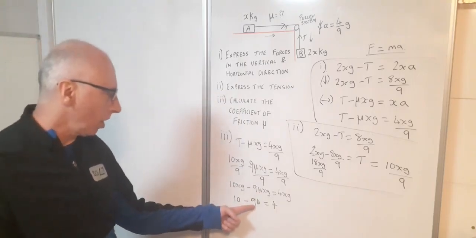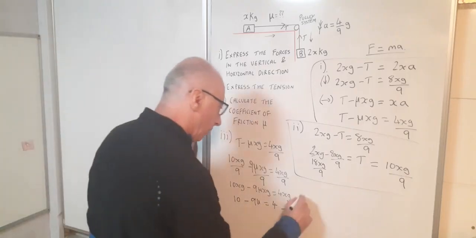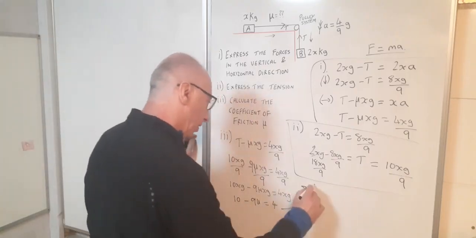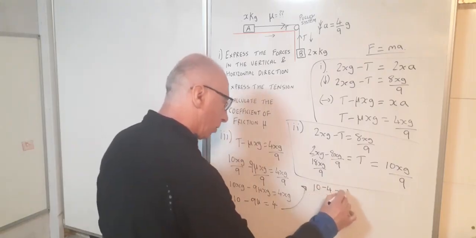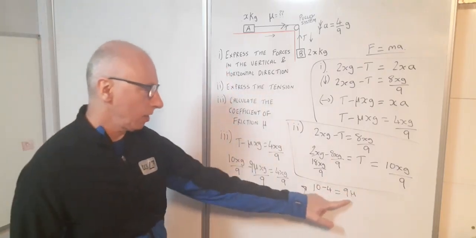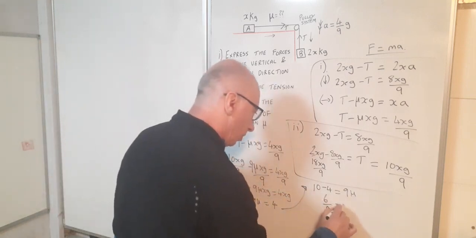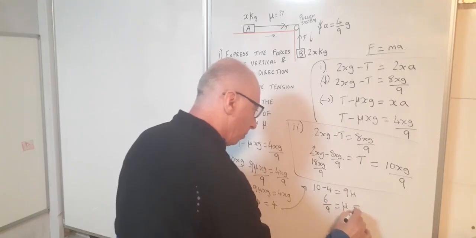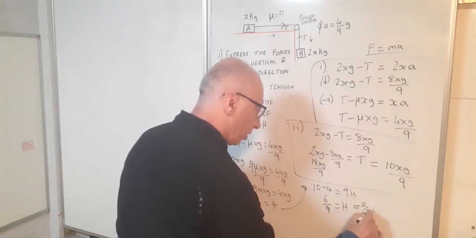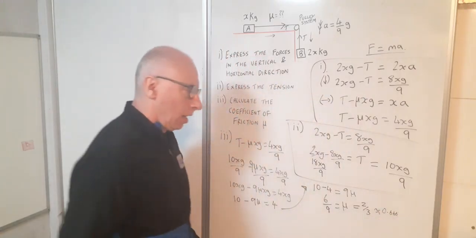So if I bring 9 mu over this side and the 4 over this side, so now I've got 10 minus 4 equals 9 mu. Well, 10 minus 4 is 6. So divide both sides by 9. So 6 over 9 equals mu. So therefore mu is 2/3 or 0.666.